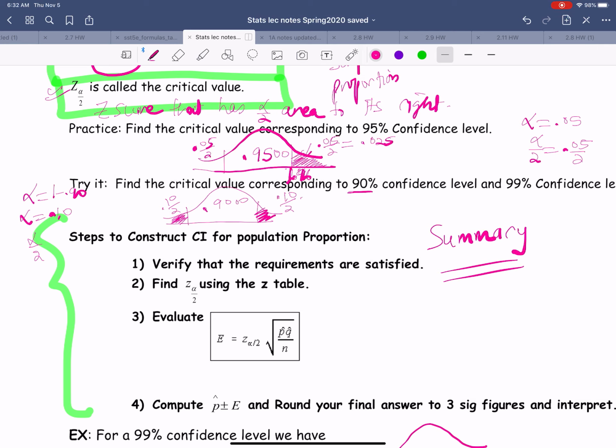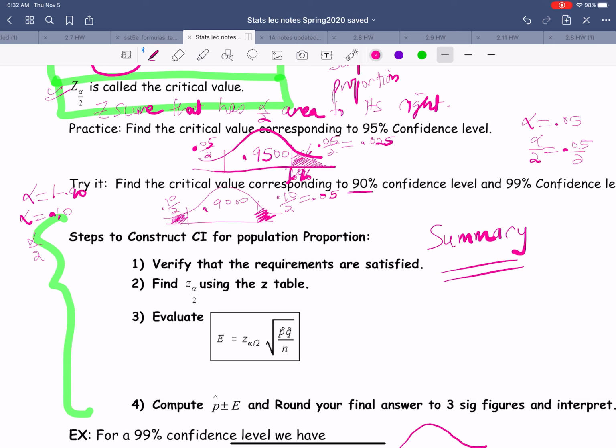Okay, so that is going to be 0.005. I'm sorry, not 0.005, it will be 0.05. So what is the z-score that has 0.05 area to the right?